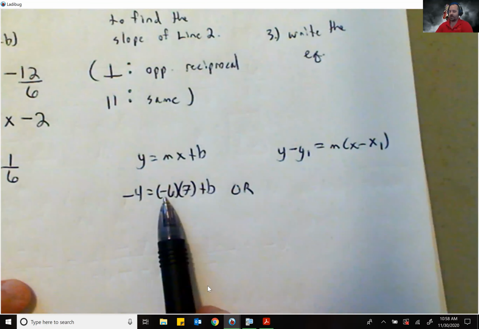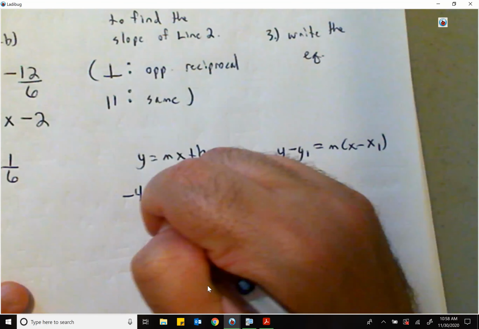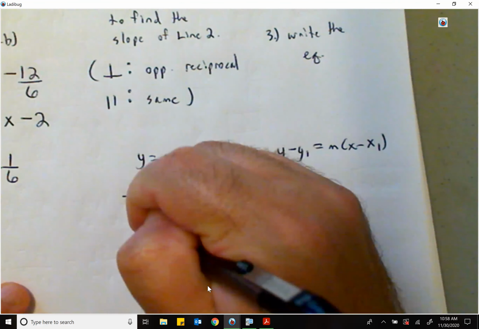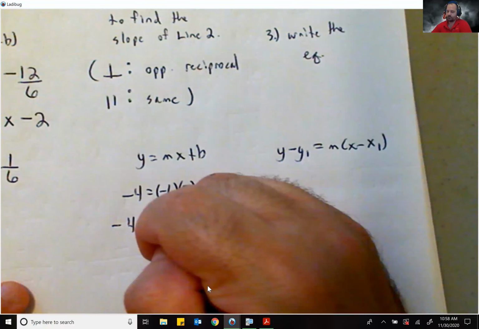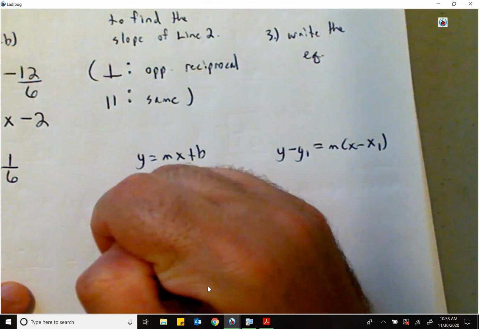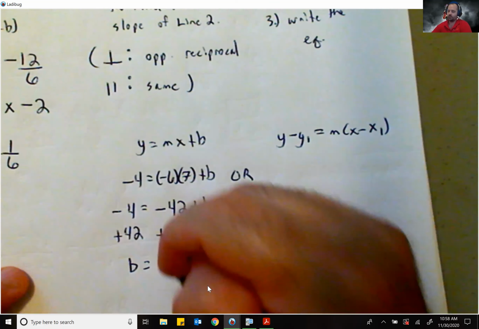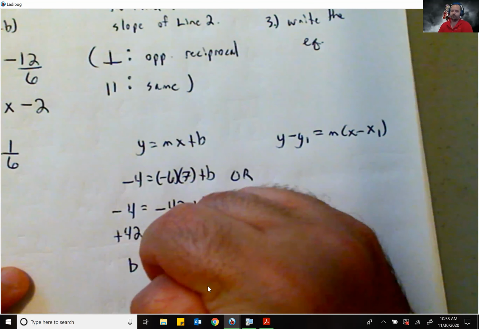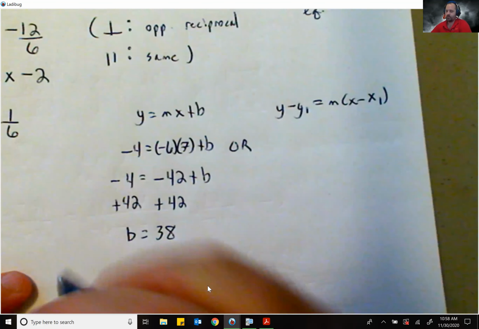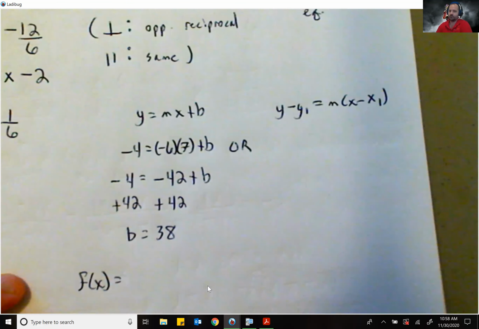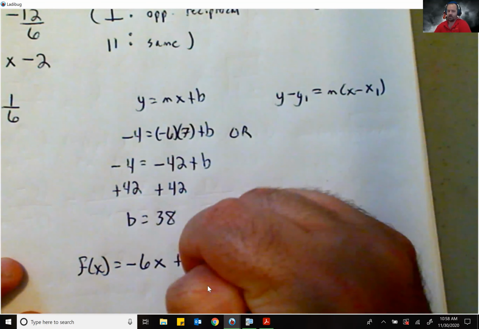So -6 times 7, -42, and all we got to do now is add the 42 to the other side. So b is equal to a positive 38. So our equation, f of x equals -6x plus 38.